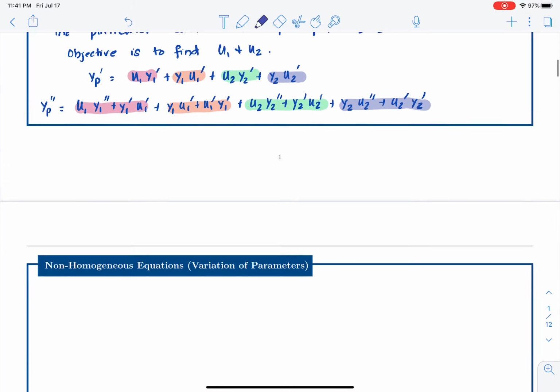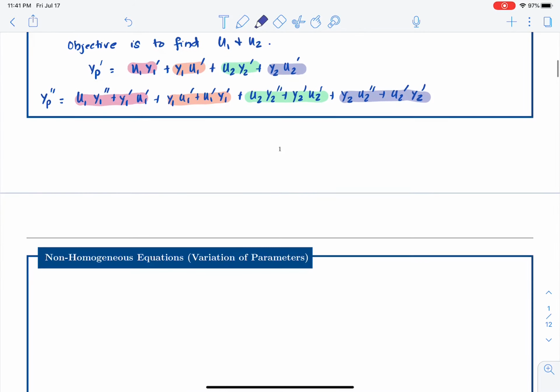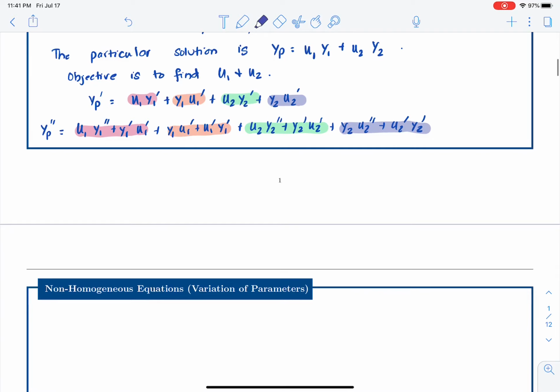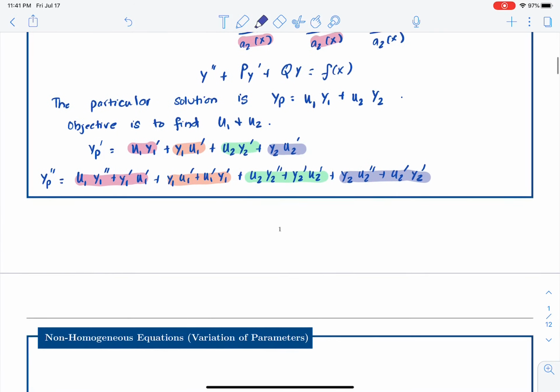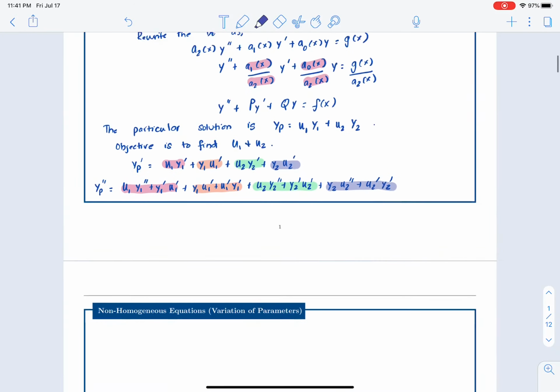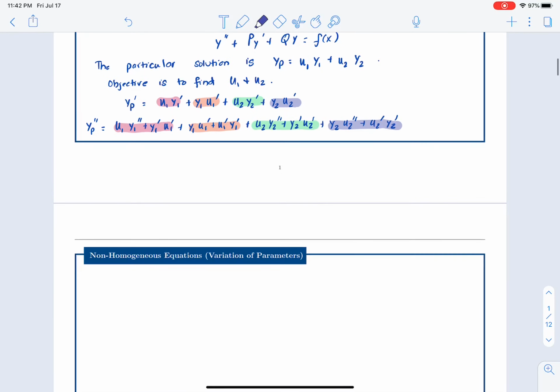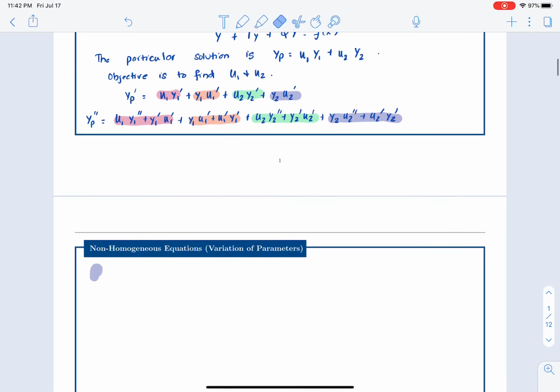So that said, we can take yp double prime, yp prime, and yp and plug it in the given DE because it is going to satisfy the equation because it is a particular solution. So plug in yp, yp prime, and yp double prime in the DE.